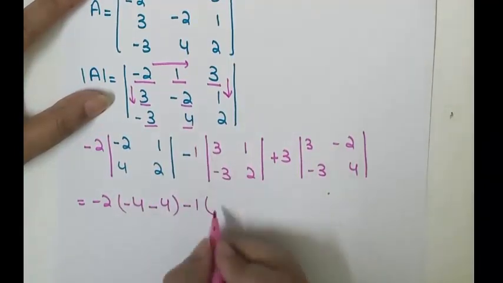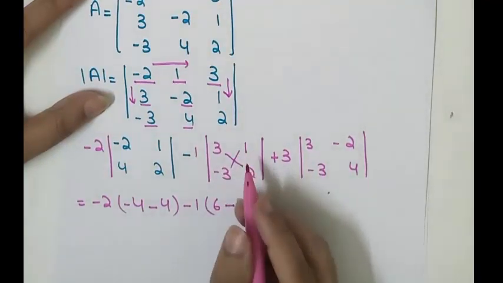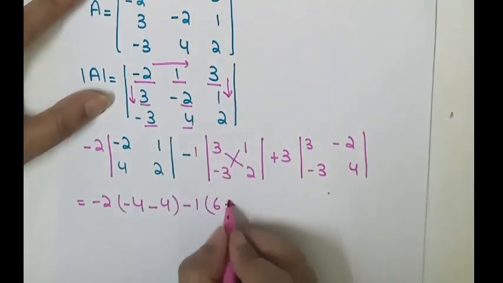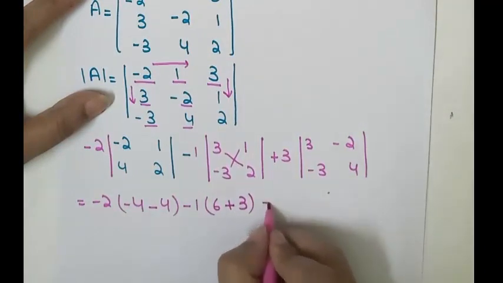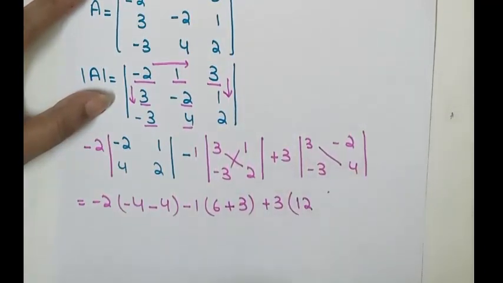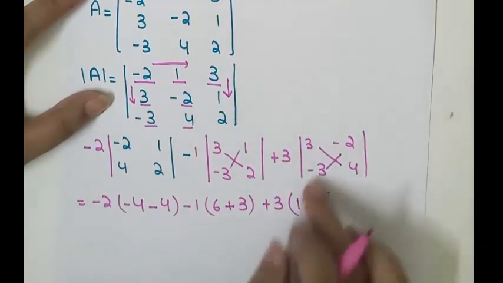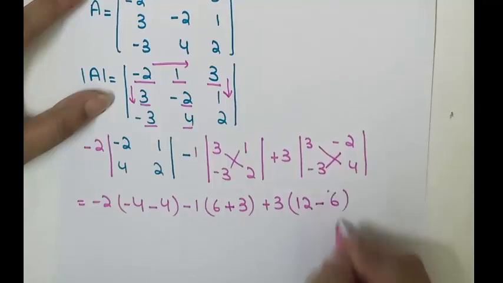Minus 1, 3 2 times is 6. Minus 3 1 times is minus 3, so minus is plus. Then plus 3, 3 4 times is 12. Minus 3 2 times is 6 and minus is plus.